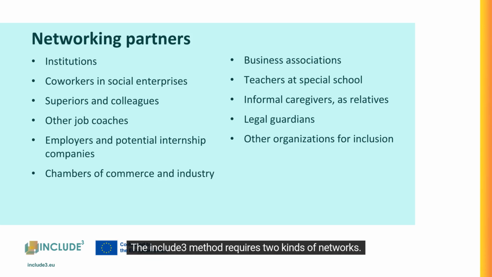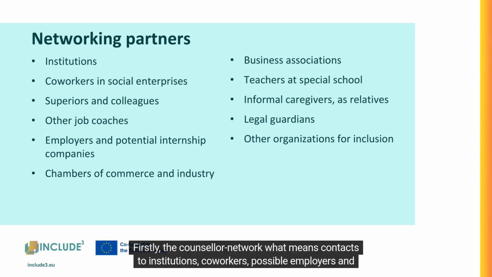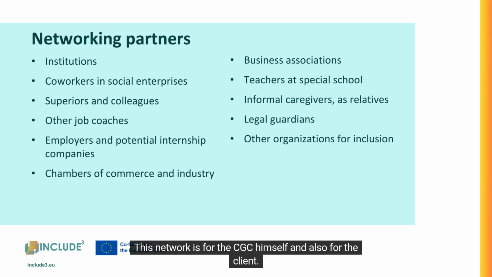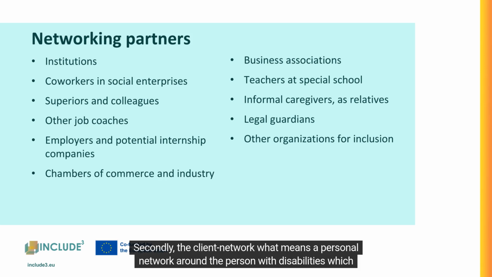The Include3 method requires two kinds of networks. Firstly, the counselor network. That means contacts to institutions, co-workers, possible employers, and other organizations. This network is for the CGC himself and also for the client. Secondly, the client network.